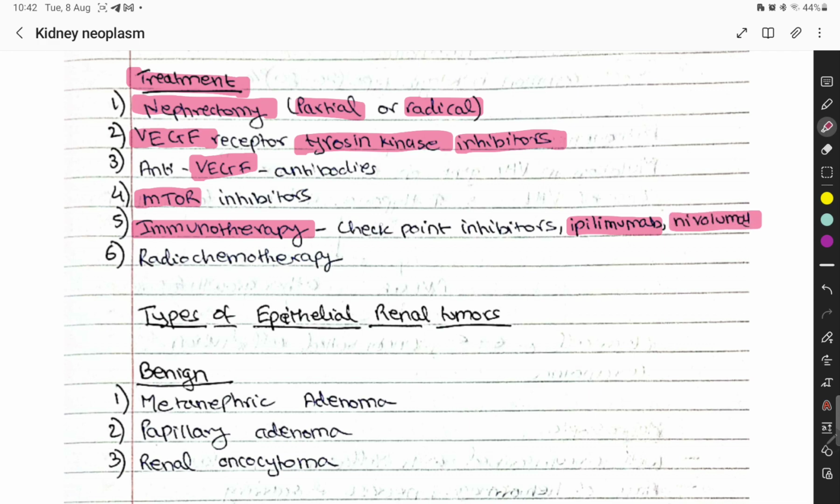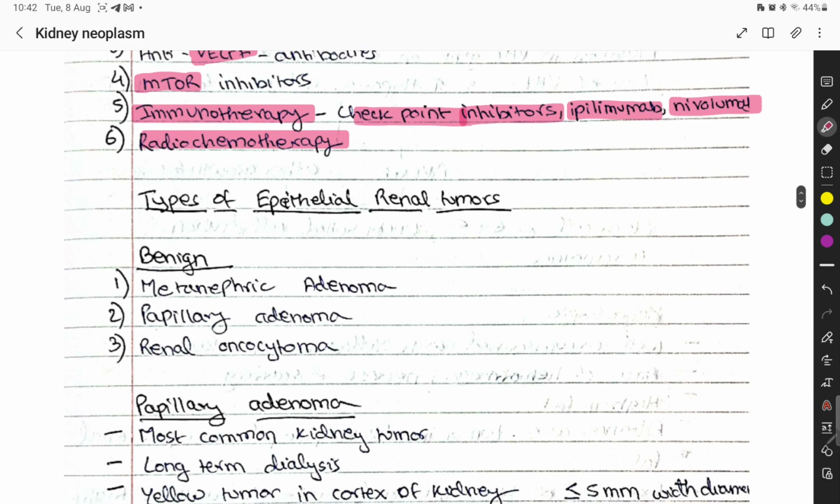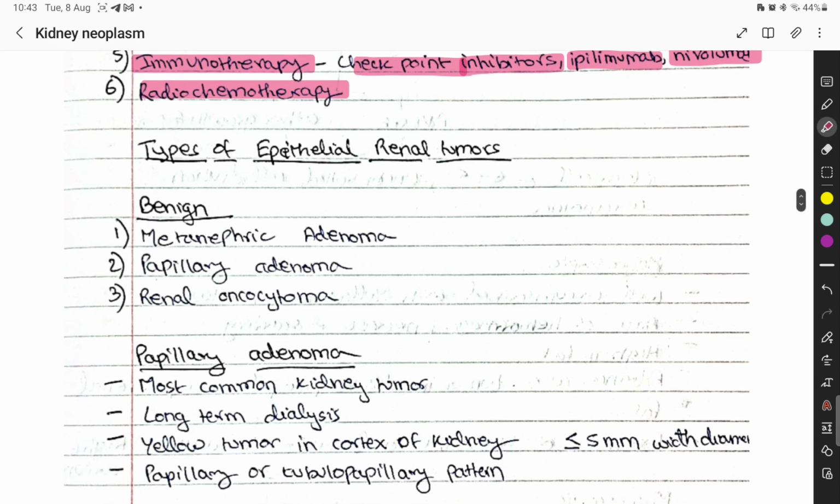These are all checkpoint inhibitors, drugs given as immunotherapy, and radiochemotherapy. So you have nephrectomy, VEGF receptor tyrosine kinase inhibitors, anti-VEGF antibodies, mTOR inhibitors, immunotherapy with checkpoint inhibitors, ipilimumab and nivolumab, and radiochemotherapy.